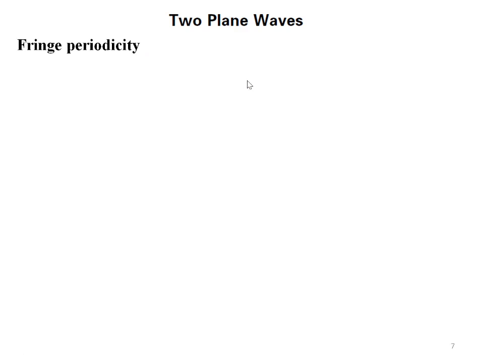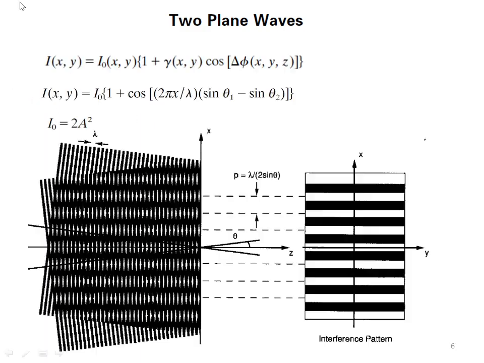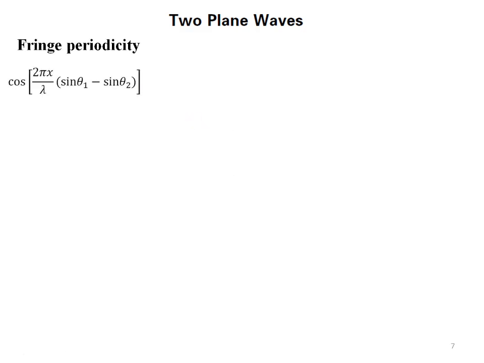To find out the fringe periodicity, we know that the intensity is periodic by virtue of this function. If you go to the previous slide, the intensity is periodic by virtue of this function. This is a fixed number, so it is periodic by virtue of this function because cos is a periodic function. Finding the fringe periodicity is nothing but looking at the periodicity of this function.